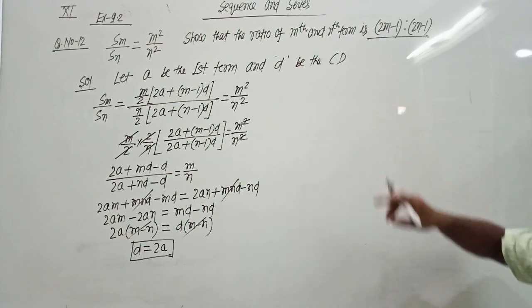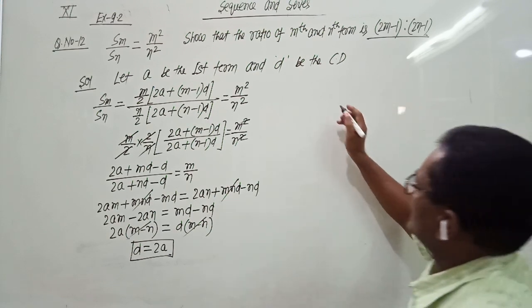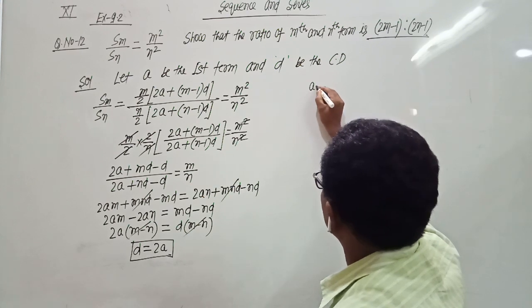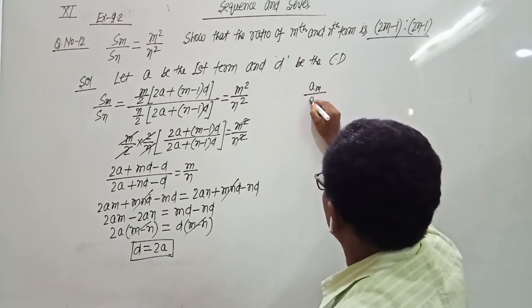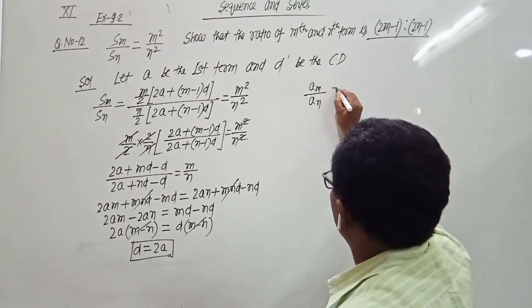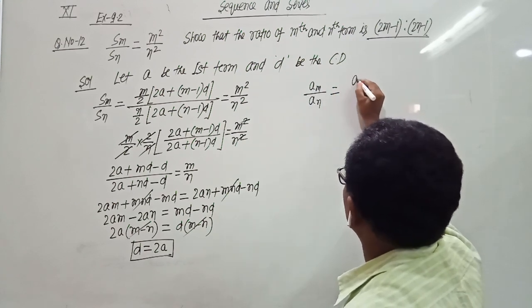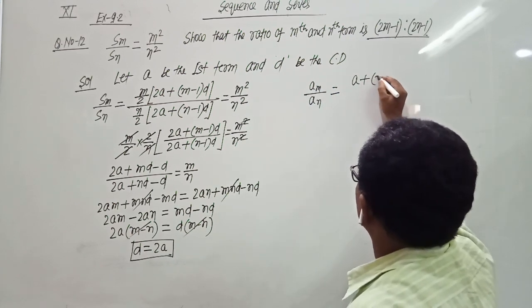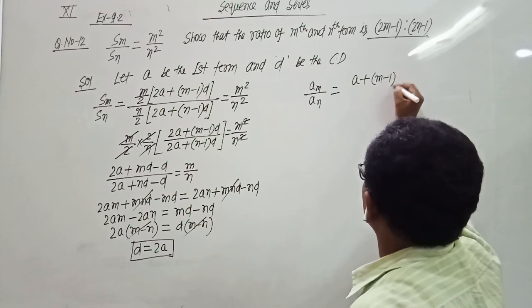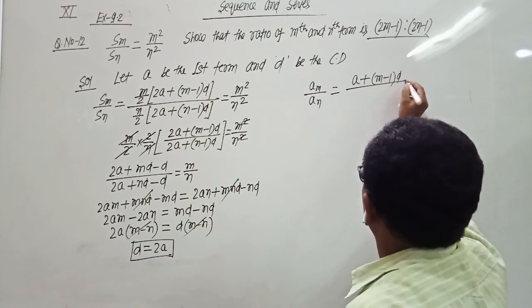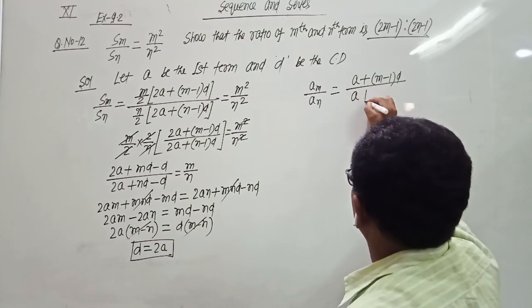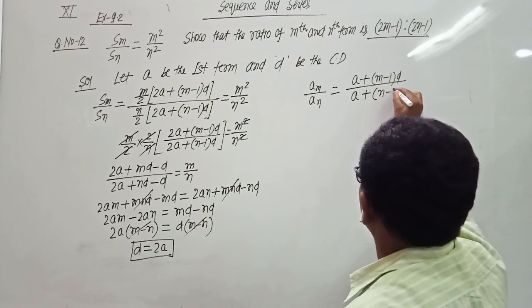Now we have to show the ratio of the mth term and nth term, that means am upon an. And the formula for the mth term is a plus m minus 1 into d, and the formula for the nth term is a plus n minus 1 into d.